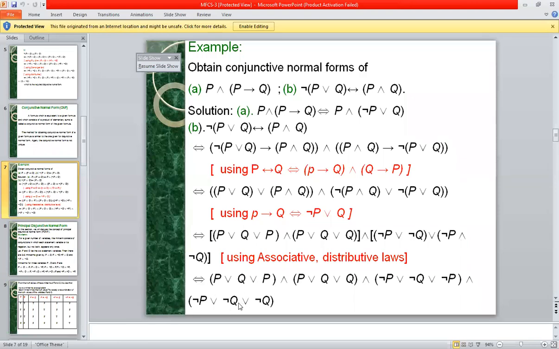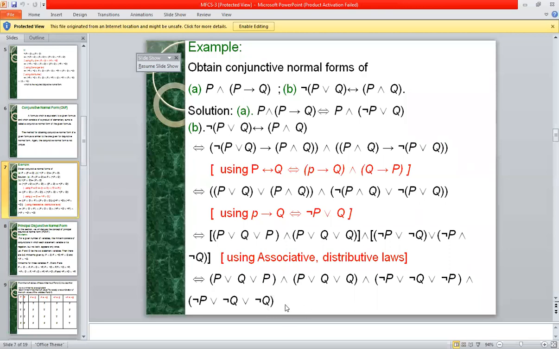So in this step, inside the parenthesis we have elementary sums like P or Q or P, and in between the parentheses we have the product symbol. So it is a product of elementary sums.